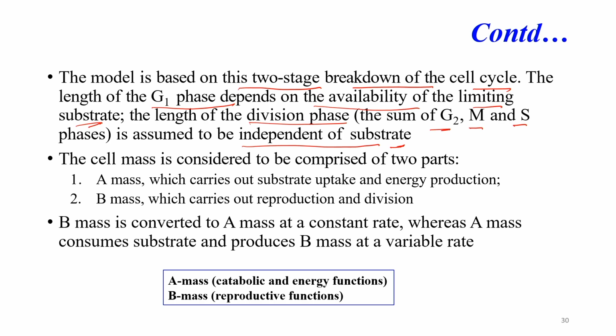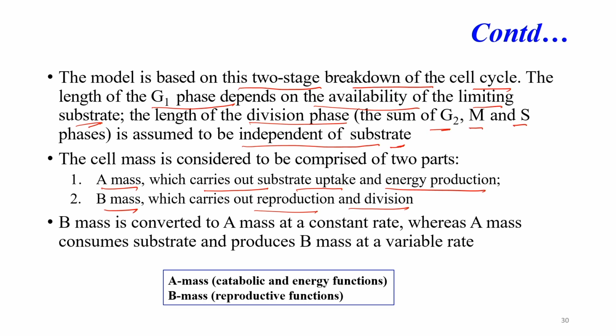Now, what are the two compartments here? We are saying A mass and B mass. A mass carries out the substrate uptake and energy production, and B mass carries out reproduction and division.